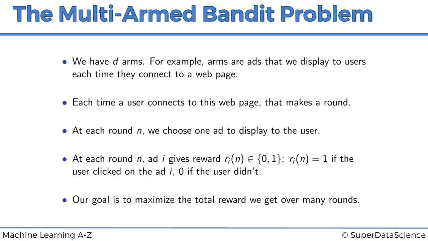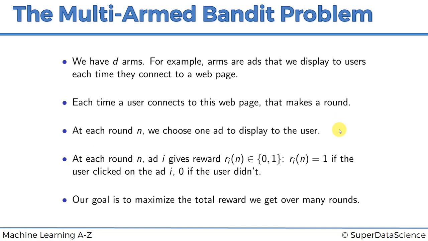All right, so this is a quick summary of the multi-armed bandit problem. Let's go through this very quickly so we can get to the fun stuff. So we have d arms. For example, arms are ads that we display each time a user comes to a web page. Each time an ad is displayed or a user visits this page, that's a round. For each round n, we choose which ad to display to the user. You can only display one ad, like with the one-armed bandits.